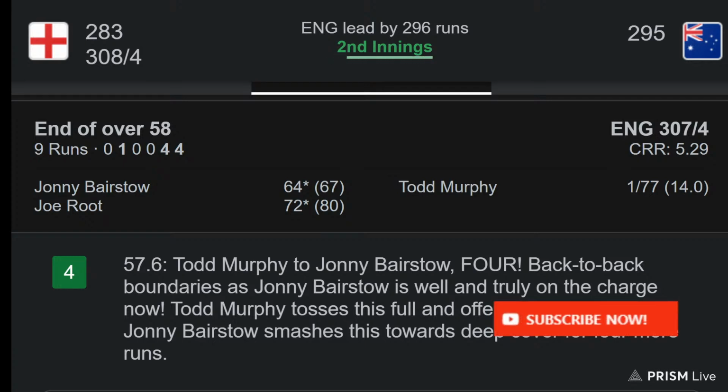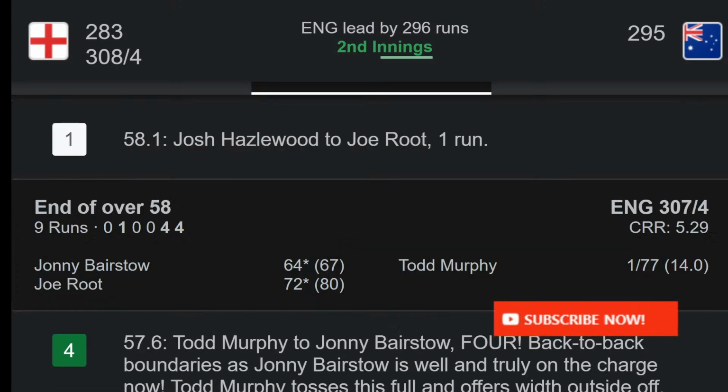England scoring 308 for the loss of 4 wickets. 9 runs in this 58th over. Josh Hazlewood will start the new over. Hazlewood to Joe Root, 1 run scored.